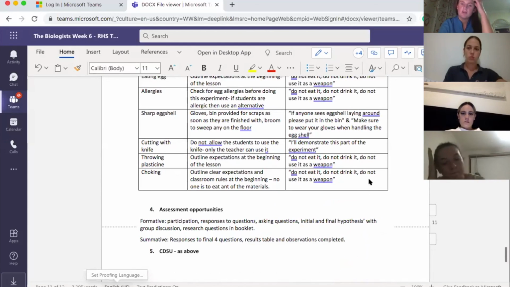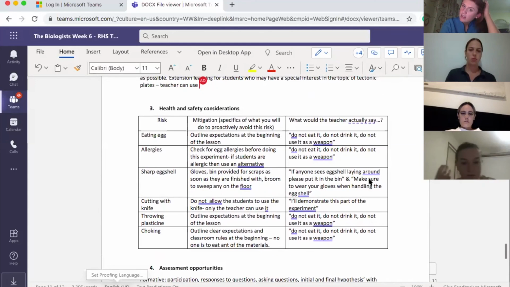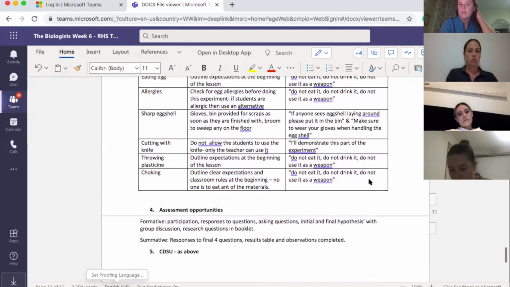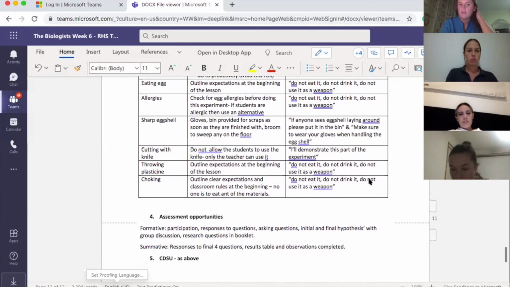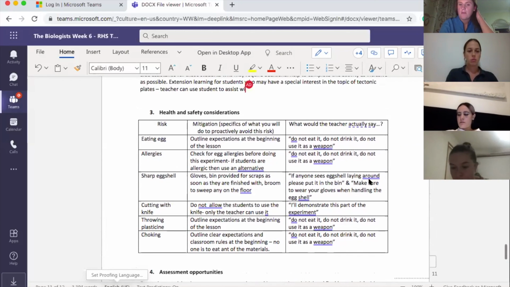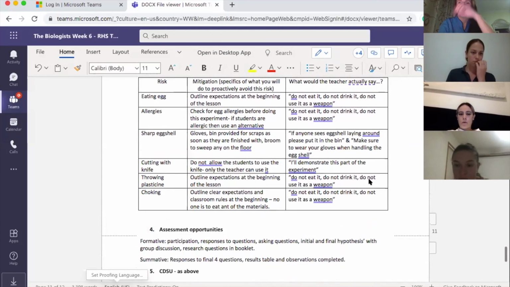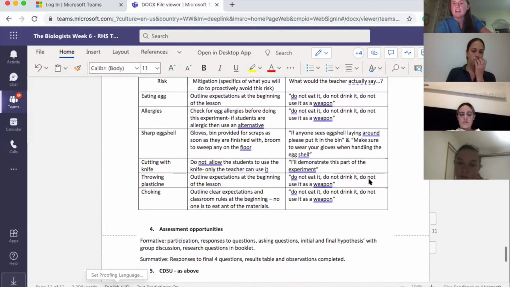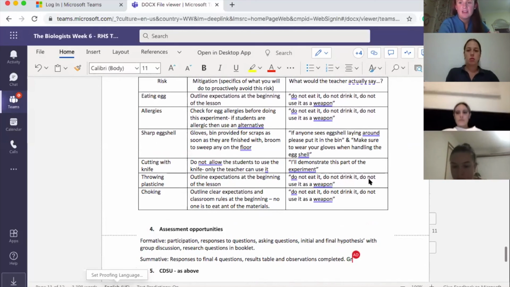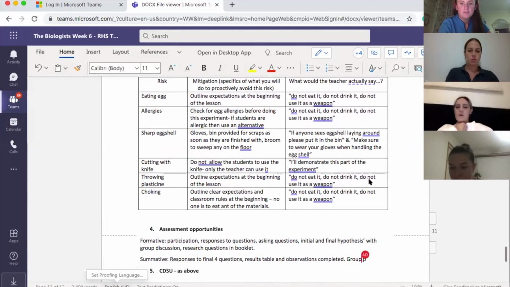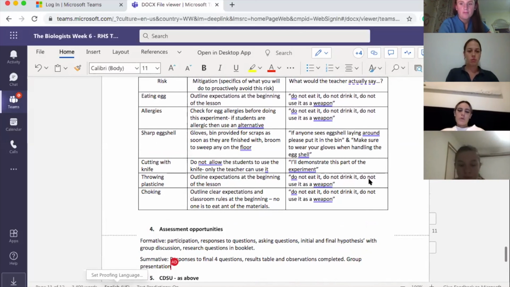Our assessment opportunities. Get them to do a group presentation for the summative of what they found, each group's discovery. They'd all have to come up with a way to present what they discovered. That'd be fun. They'll probably all have different results because they're all going to do it differently.